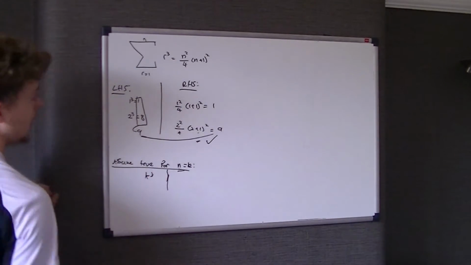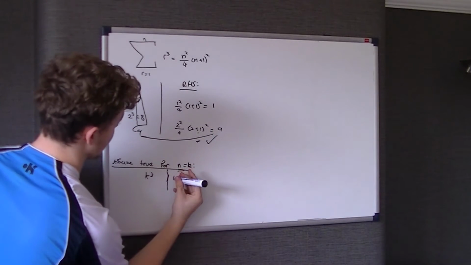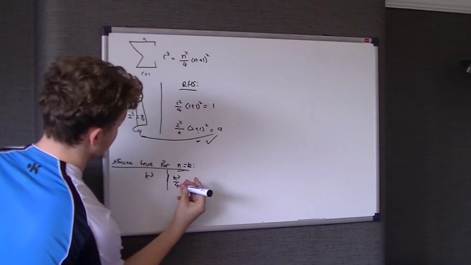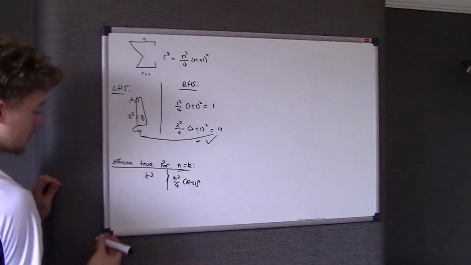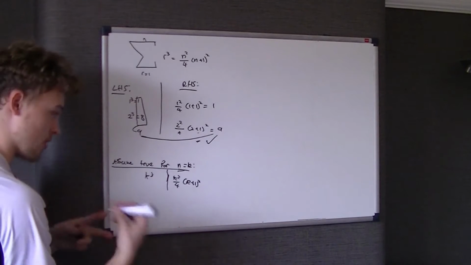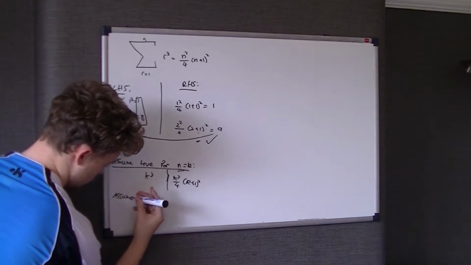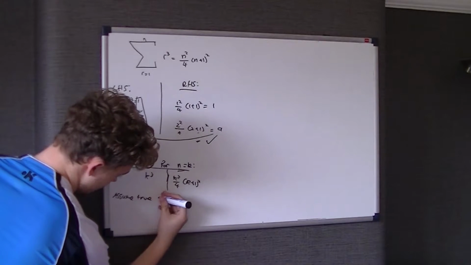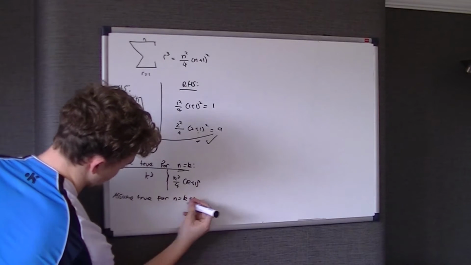And on the right hand side, we've got n squared, which is obviously k squared over 4 times k plus 1 all squared. Okay, so if it's true for n equals k, then it's true for the next value as well. You assume it to be, so you put assume true for n equals k plus 1.